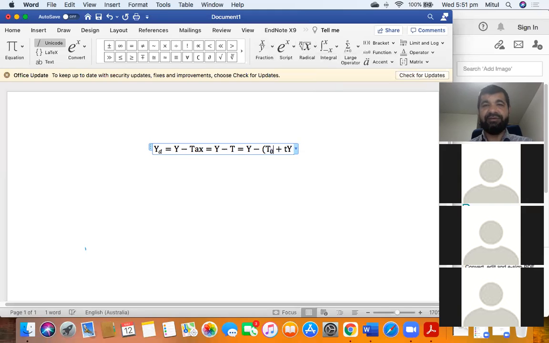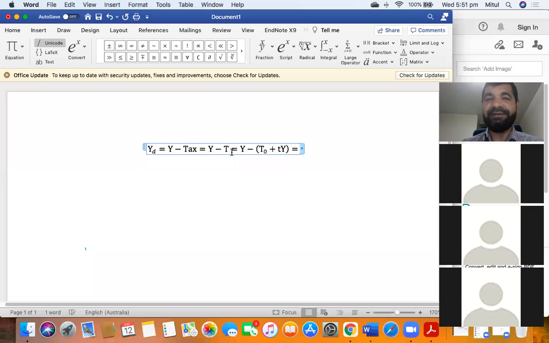Remember, how do we calculate tax? We calculate tax as a small mandatory amount plus the rate of tax into how much you earn. Remember? That's how we calculate our tax.